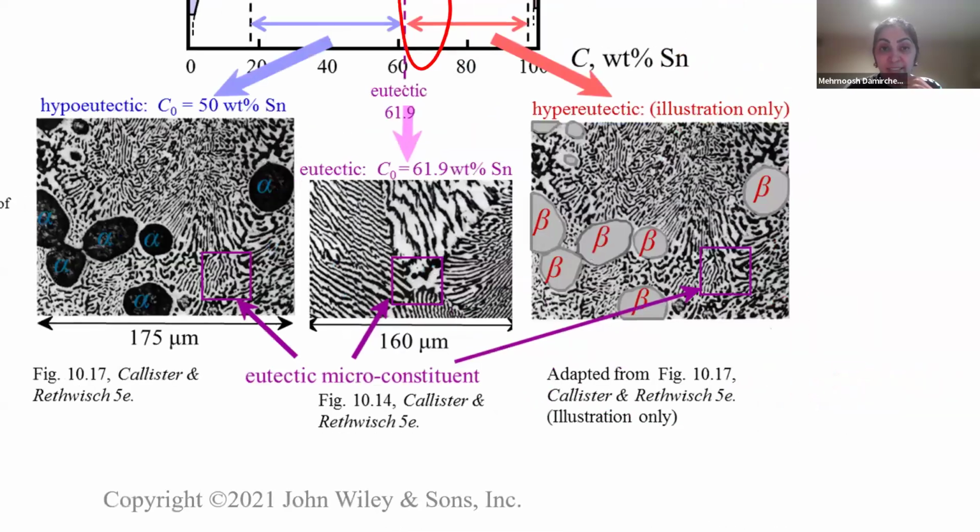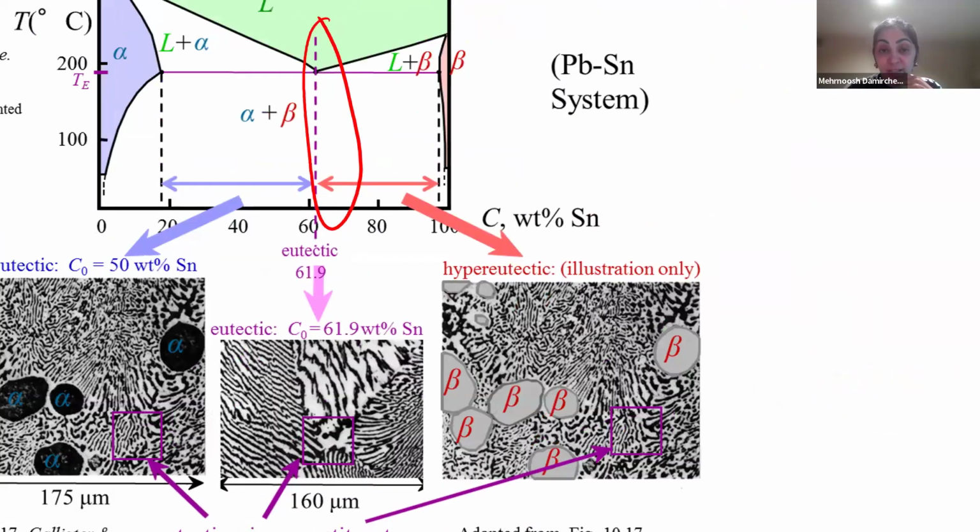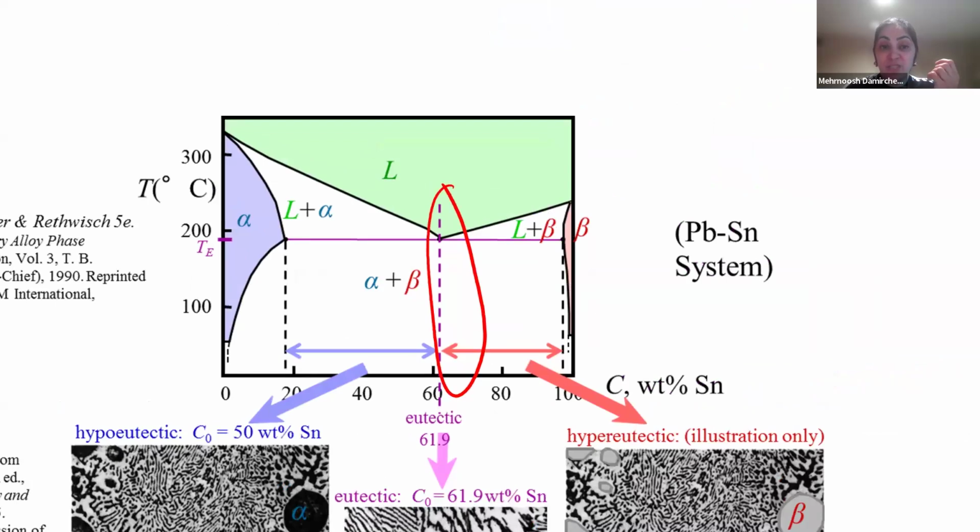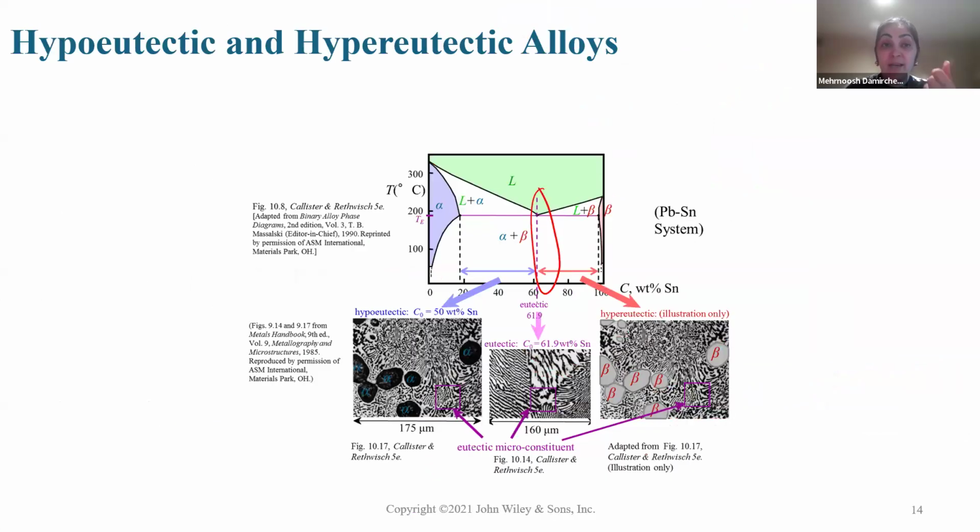At the right side, the layers are eutectic lamellar microstructures, but these grains are primary beta. So at the right side we say hypereutectic, and at the left side, before reaching composition CE, we say hypoeutectic.